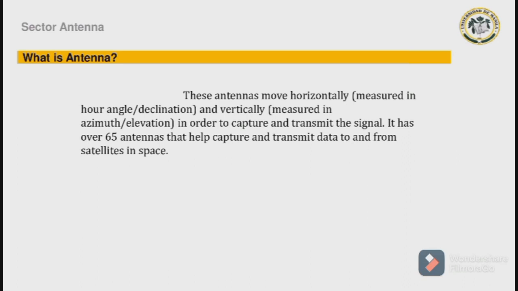These antennas move horizontally, measured in hour angle or declination, and vertically, measured in azimuth or elevation, in order to capture and transmit the signal. It has over 65 antennas that help capture and transmit data to and from satellites in space.